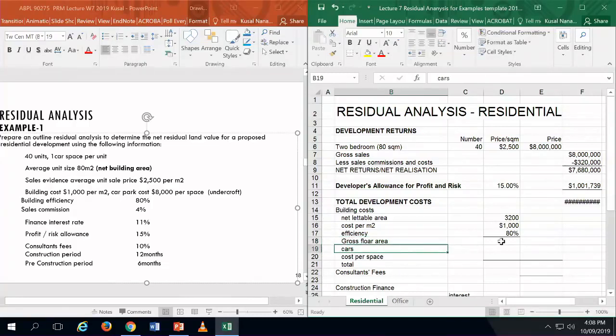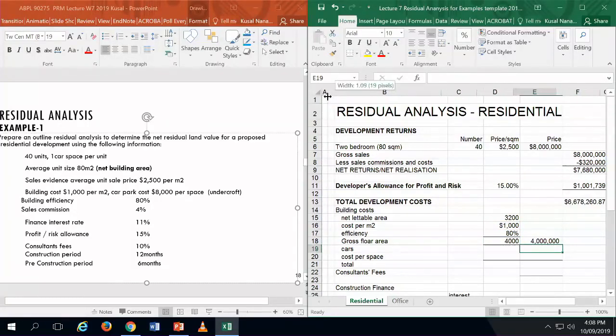How much is the gross floor area then? 3,200 is 80%, so divided by 0.8, it is 4,000. So the building cost is 4,000 multiplied by 1,000. Because when you build, we have to build for the total area, not just the net floor area.